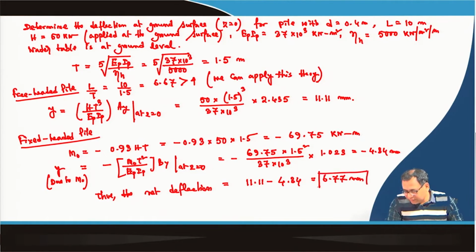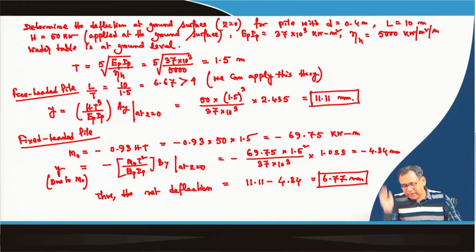So, for the fixed headed pile, deformation at the head is 6.77 millimeter, but for the free headed pile that deformation is 11.11. Okay. So, that means for the fixed head there will be deformation, but the slope will be 0, and for free head there will be definitely a deformation and the slope will be also there.